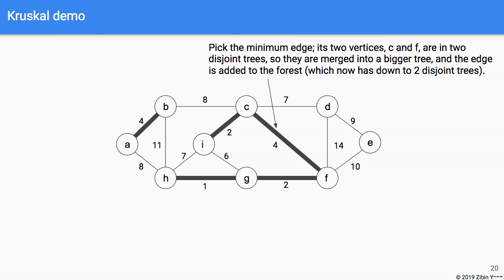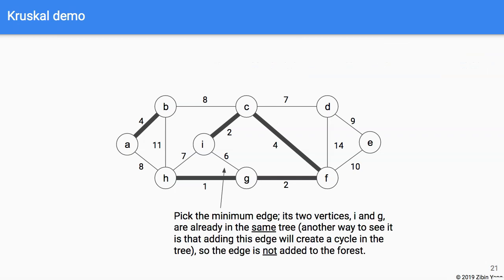So moving on, the next edge we're going to pick out from our list of edges with increasing weight will be the one with weight 6. Now this one is slightly different because if you look at its 2 vertices, I and G, they are already in the same tree. So we do not need to merge them, and we do not add this edge to the forest.